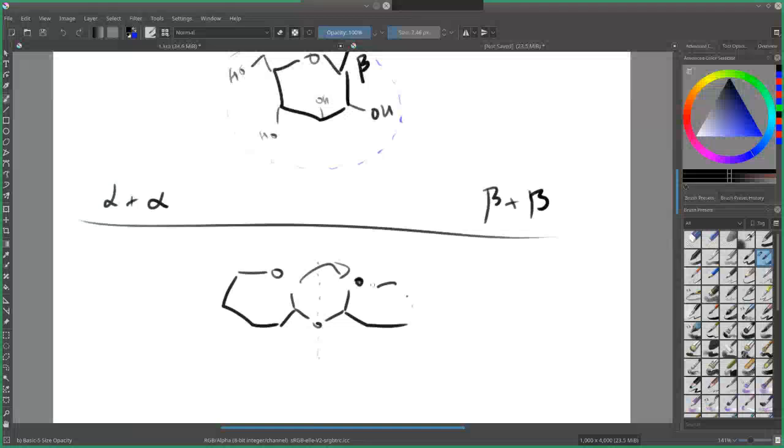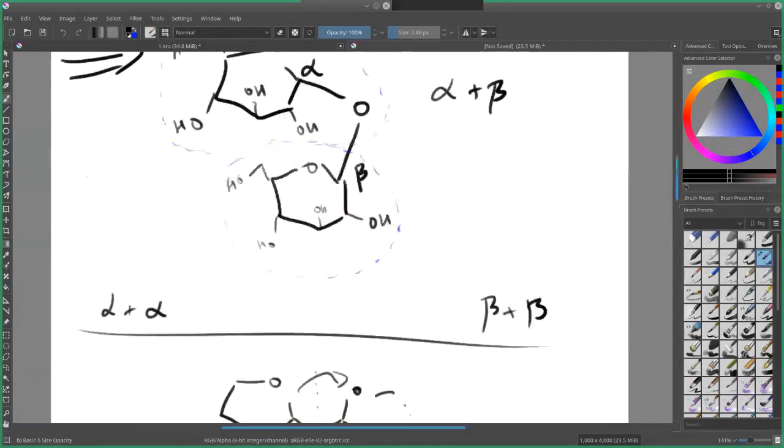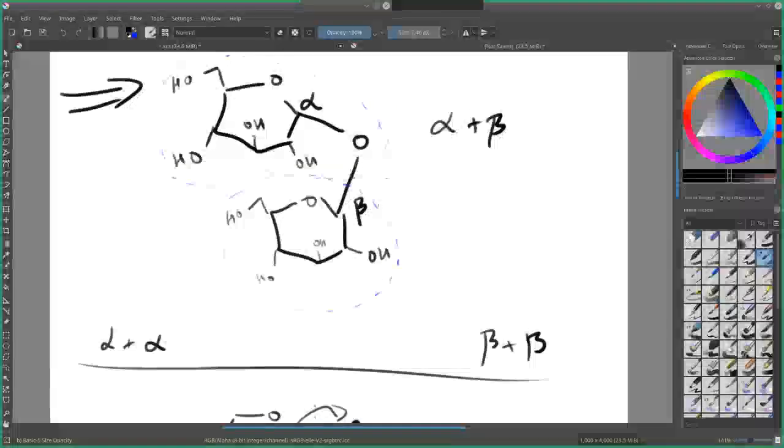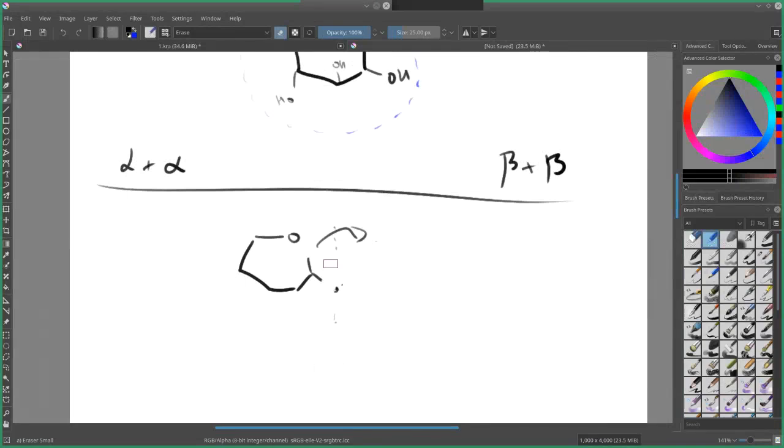So it'll be really easy to get lost. So that's why I drew it up here in this form. And let's see if I can do something similar for these other ones.